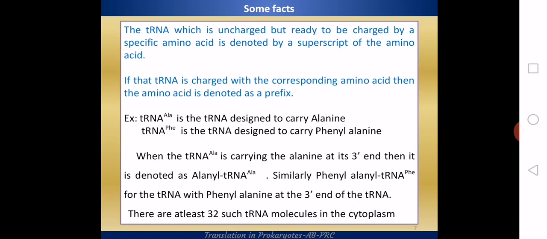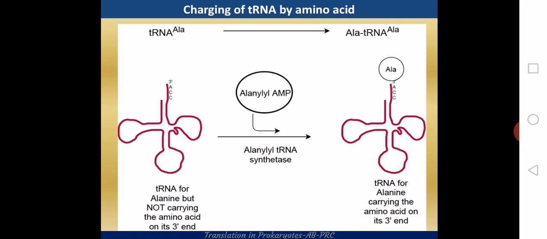But when the name of the amino acid is also given as a prefix of the tRNA, that indicates this tRNA, which is designed to carry an amino acid, is now carrying the amino acid at the 3' end. Right. It will be clear here. For example, tRNA alanine, when it is charged with an alanine, is indicated as alanyl-tRNA alanine. Right. Hope it's clear.